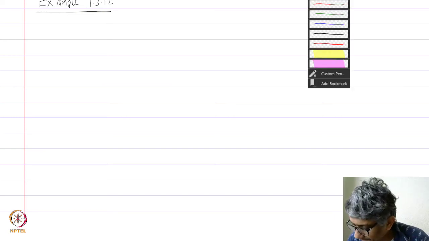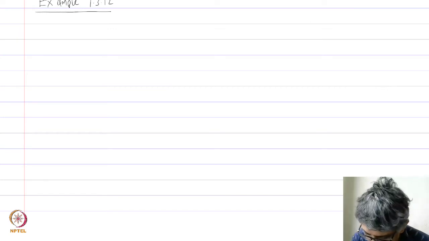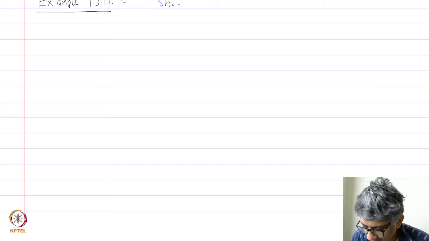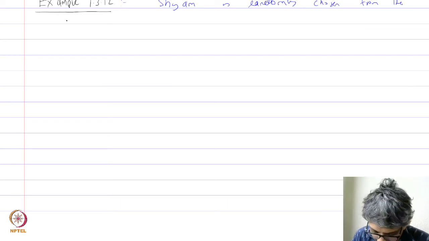So let's say this is probably relevant in current day terms, in terms of what's happening in the world. Sham, let's say, is randomly chosen from citizens of Hyderabad.